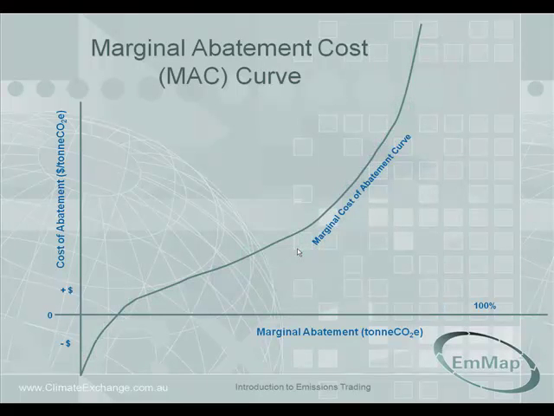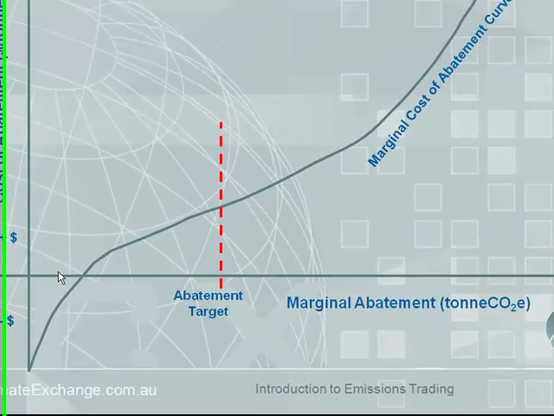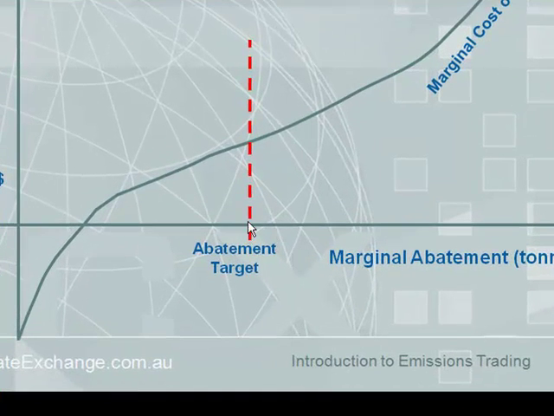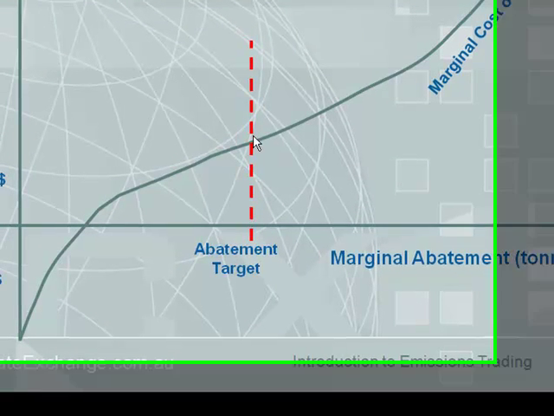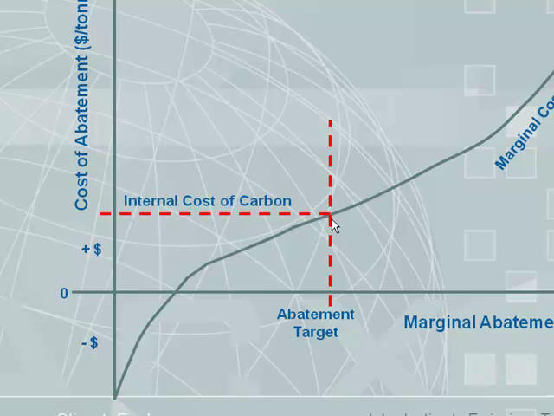If we pick a point anywhere along our continuum from doing nothing all the way through to carbon neutral, and that target might be say 30 or 40% reduction in our emissions, where that crosses our marginal abatement cost curve gives us our internal cost of carbon.